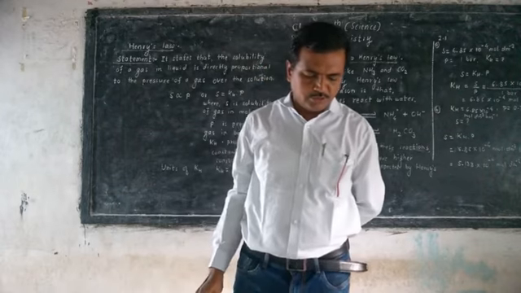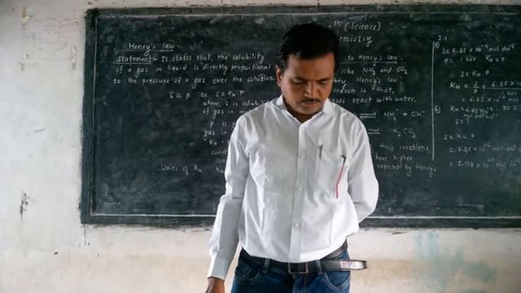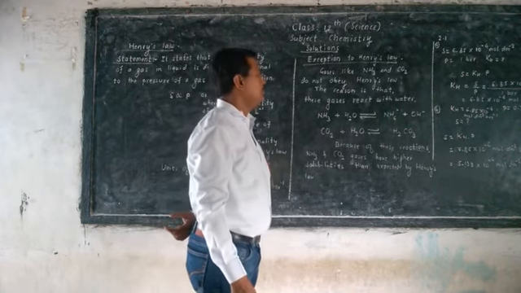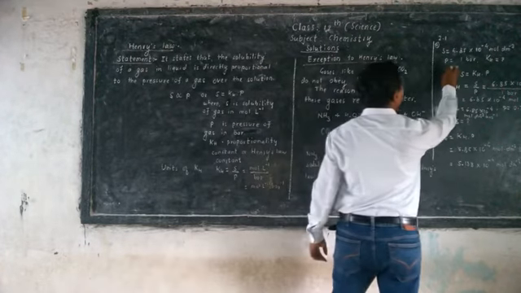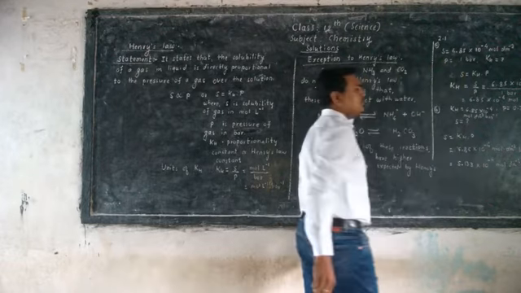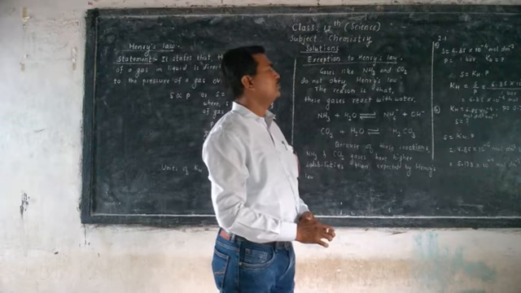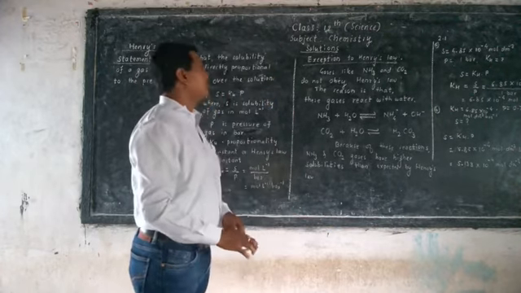Liter and decimeter cube are the same. So in this way we have found the value of solubility. Here in the first problem solubility and pressure were given, and from that we derived the value of Henry's law constant.